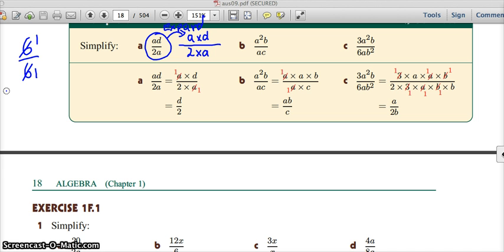Just like some of the rules we said before, anything outside of the brackets affects that which is inside the brackets. We've had lots of rules that we've learnt this year. So anything divided by itself becomes 1 over 1. What we can see here is that there is an A divided by an A. That's divided by itself, is it not?